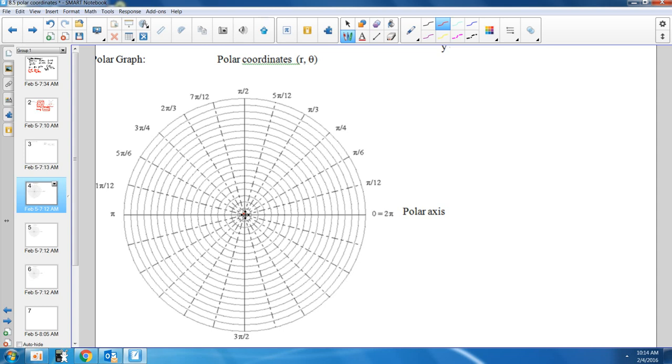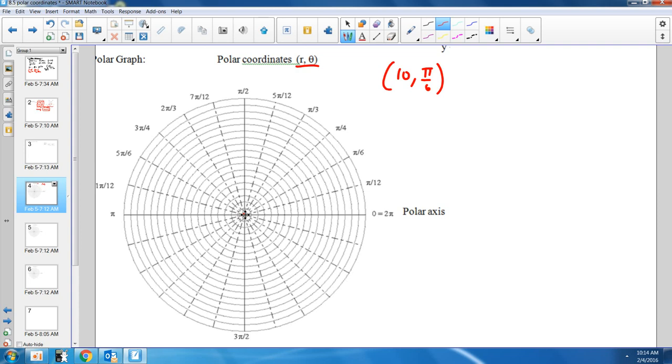So you have to kind of get involved. I mean, it's kind of intricate in terms of how you're counting, but that's the general idea. And so if I wanted to, I could plot a point on here, and let's say that the point is 10, pi over 6. Again, notice you're dealing with r followed by your theta.